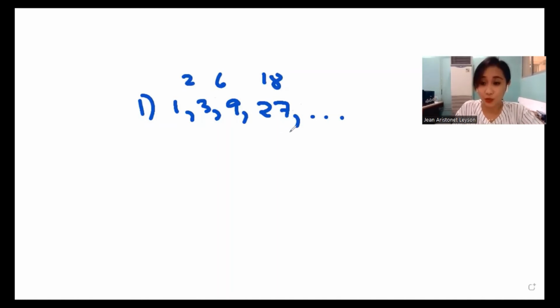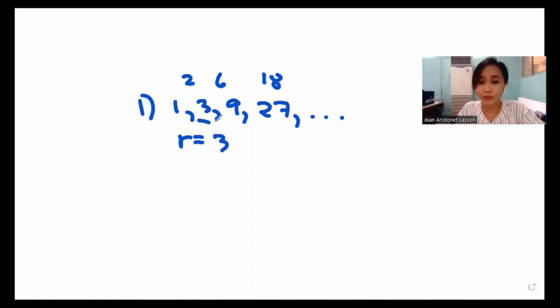So let's try to test. What do you think? What's the number that we can multiply the first term by in order to get the next term? What do you think is our common ratio? So actually, the answer here is 3. Why? Because if we multiply the first term by 3, we will get the second term, which is 3.